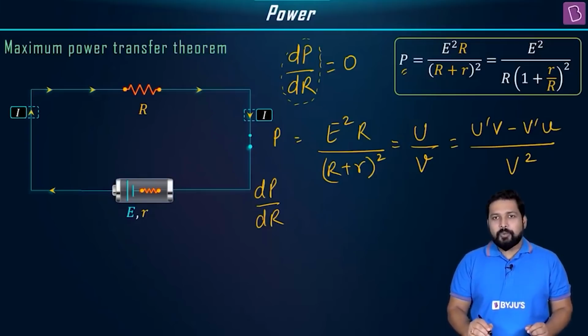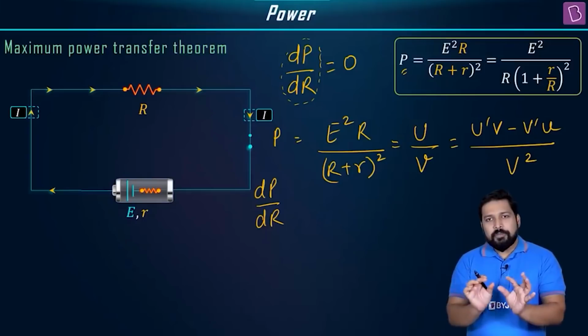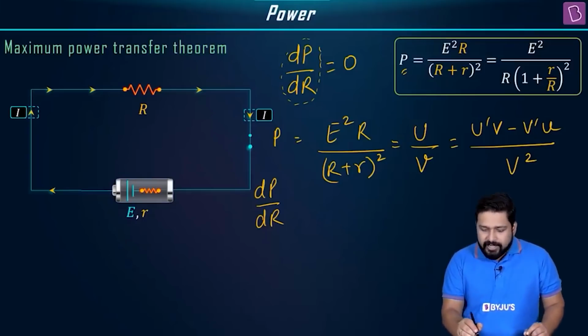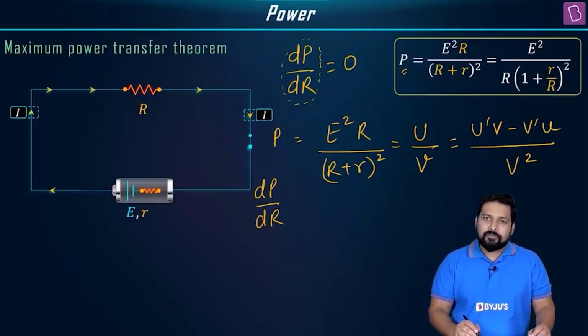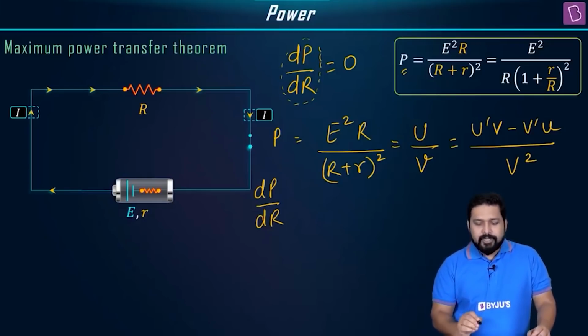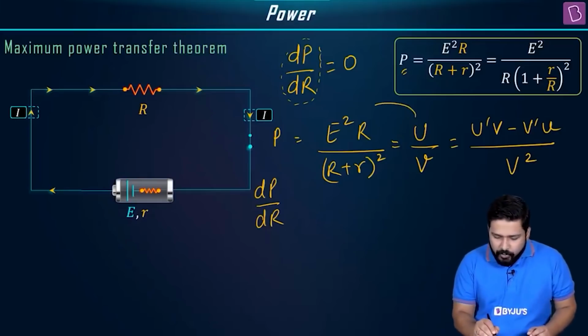U dash means differentiation of u, v you just keep as it is, minus v dash is differentiation of the second function, times u, first function, divided by v square, whatever is in the denominator.